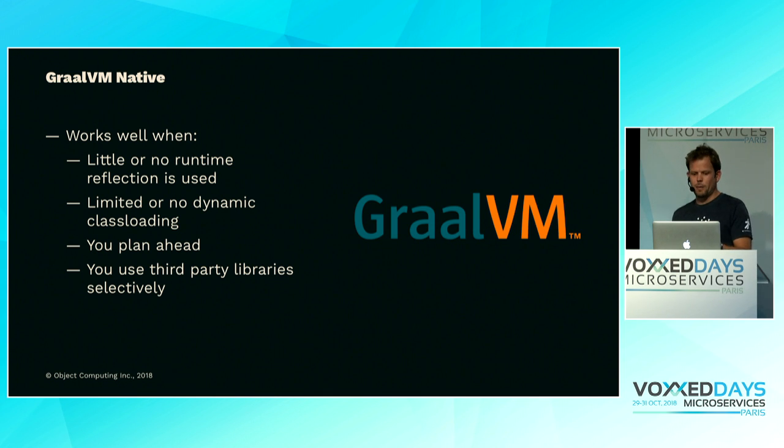Limited or no dynamic class loading. So GraalVM doesn't like it when you start to dynamically load classes and so forth. And we've done some really cool stuff with Micronaut to compute your class requirements ahead of time so that far less dynamic class loading is necessary in a Micronaut application.